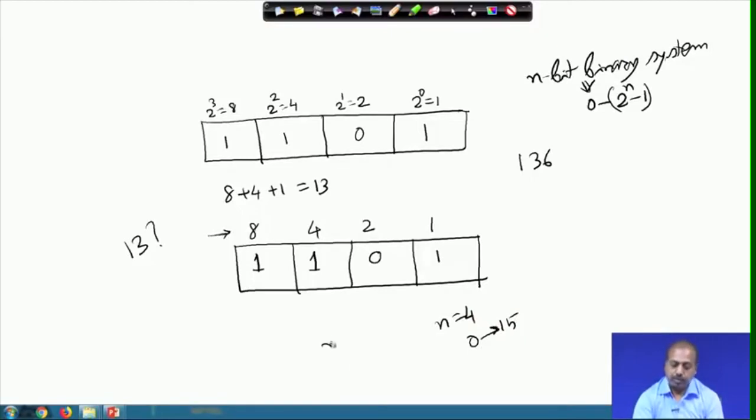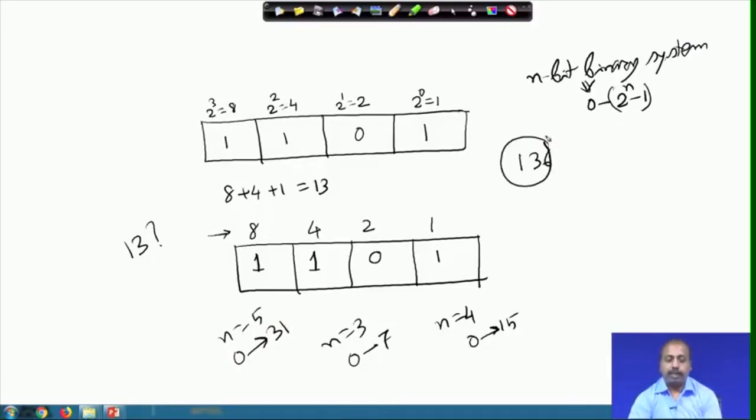If you take n equal to 3, then you can represent the numbers 0 to 7. If you take n equal to 5, you can represent numbers from 0 to 31. So, for 136, what will be the value of n? The value of n will be the next power of 2 after 136. So, the next power of 2 is 256, that is n equal to 8.